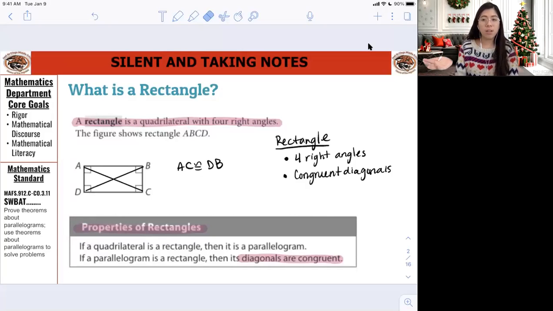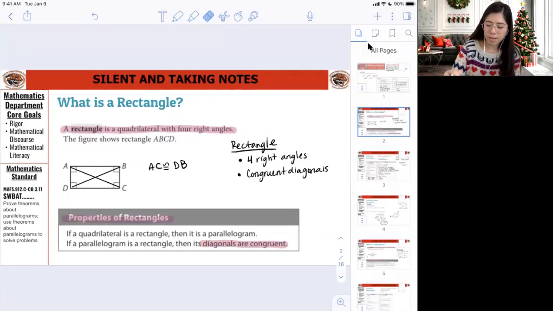Is a rectangle a rhombus in that case? Can a rectangle be a rhombus? They cannot.